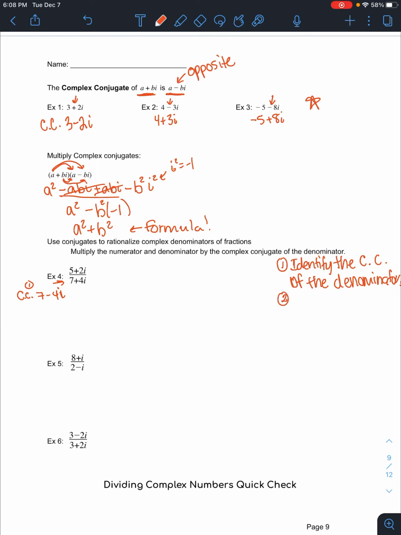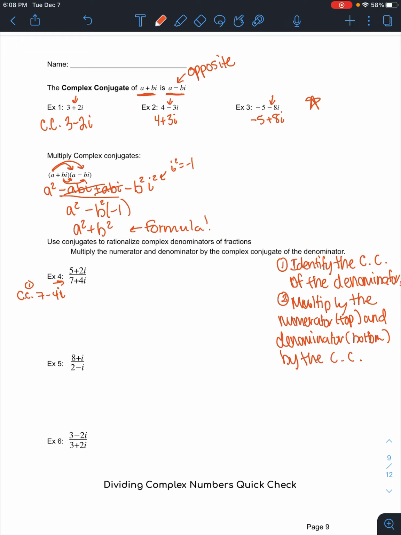Okay, then step number 2 is going to be multiply the numerator, or that's the top of the fraction, right? And denominator, that's the bottom of the fraction, by the complex conjugate, so our CC.